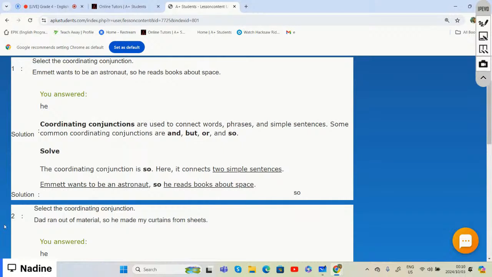All right. So once again, coordinating conjunctions are used to connect words, phrases, and simple sentences. And some common coordinating conjunctions are and, but, or, also.